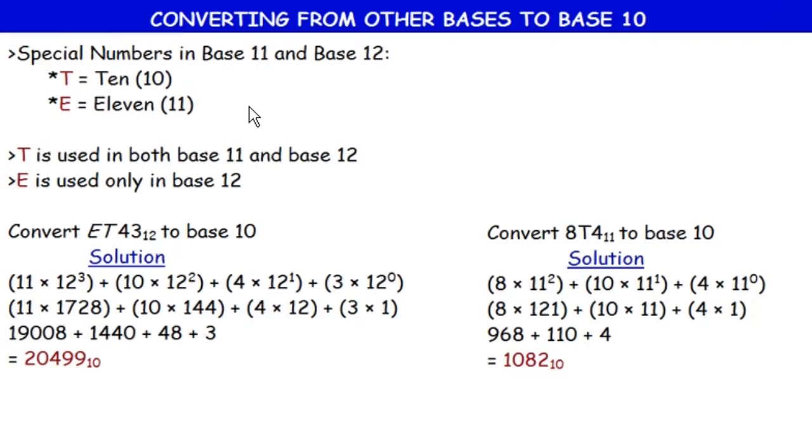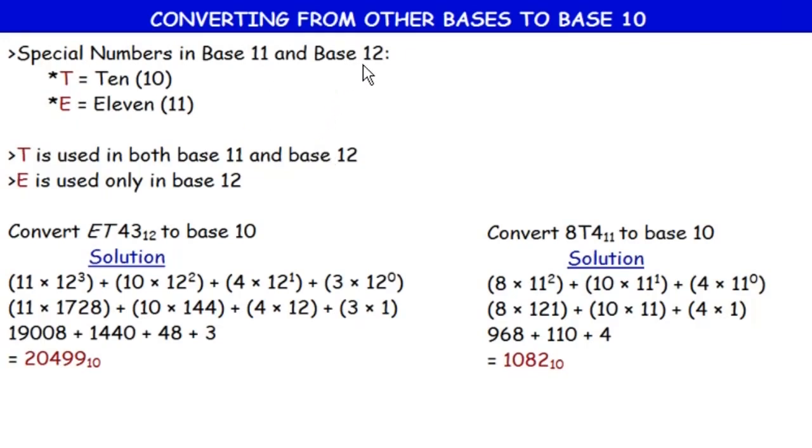If it's base 6, the highest digit should be 5, right? So always the maximum digit that can be found under any given base should be 1 less than that particular base, right? So it means that for base 11 the highest digit should be 10, because 10 is 1 less than 11.